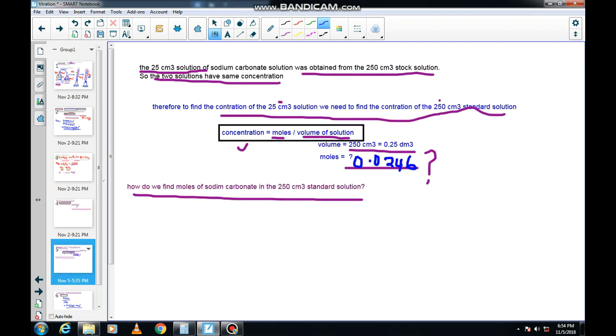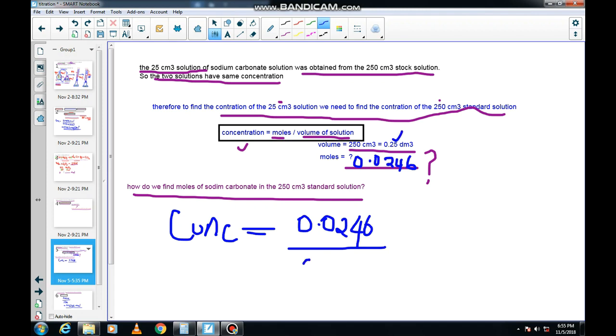Now we can substitute and say the concentration of the solution is equal to the number of moles, 0.0246, divided by the volume of the solution, which is 0.25. Note that these are moles and this is decimeter cubes.